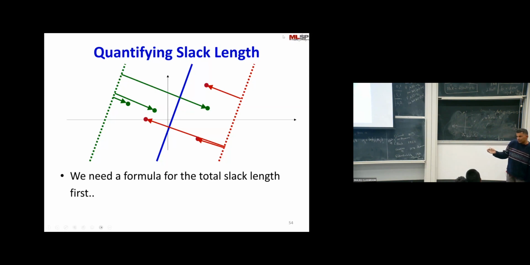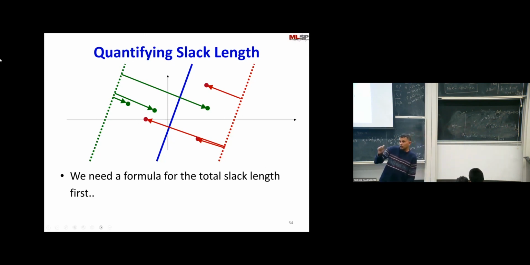How far is it? The slack, but in terms of the equation, how far is it? I just drop it into the equation, right? So let me call this point X. That distance is going to be W transpose X minus B minus 1, right? Unnormalized, not normalizing by the length of W, because the length of W is what I'm trying to estimate.